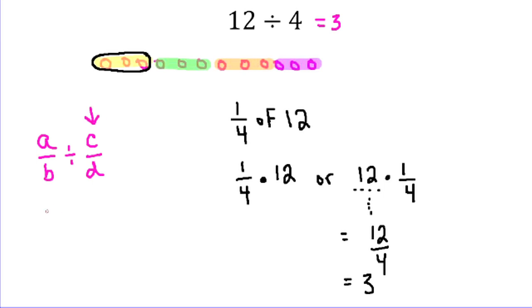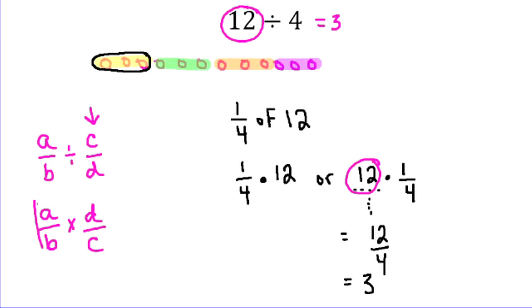So we say A over B, the first fraction, stays the same. So here we saw the 12 and the 12. And instead of dividing, we multiply by the reciprocal of C over D, which is D over C. Remember, the reciprocal of a number is just the numerator and the denominator reversed.